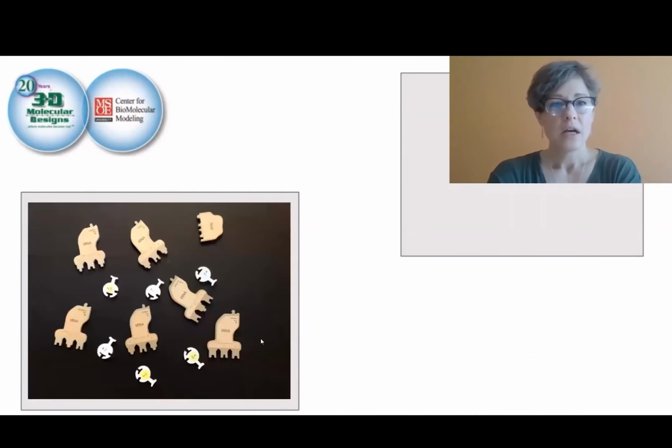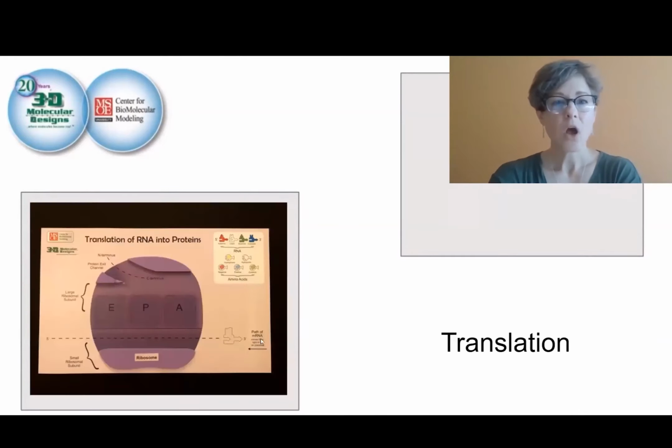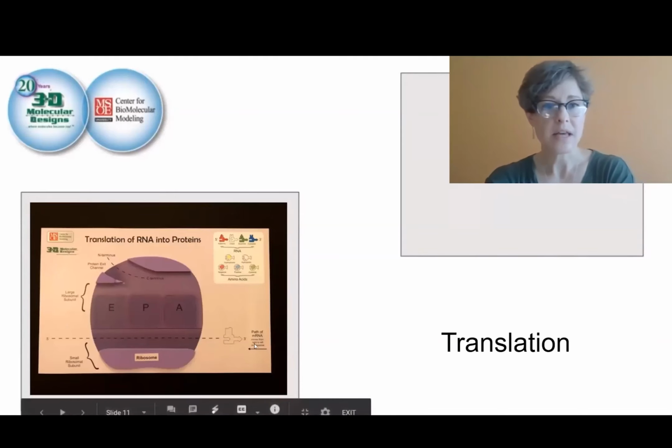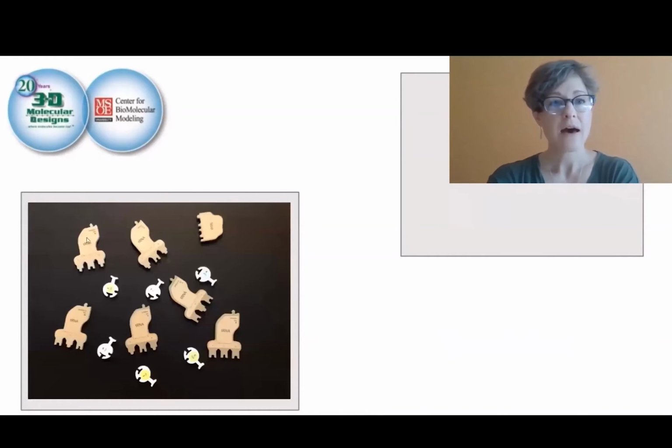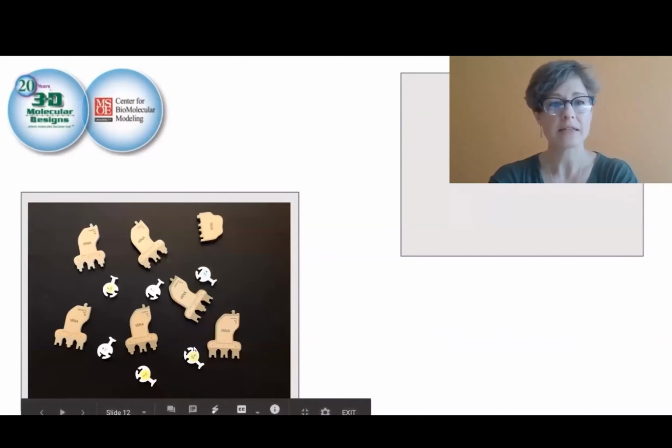Your RNA transcript is going to enter with its 5' end advancing through the ribosome and its 3' end following. Meanwhile, off in the cytoplasm, you have some transfer RNA molecules and you have amino acids.